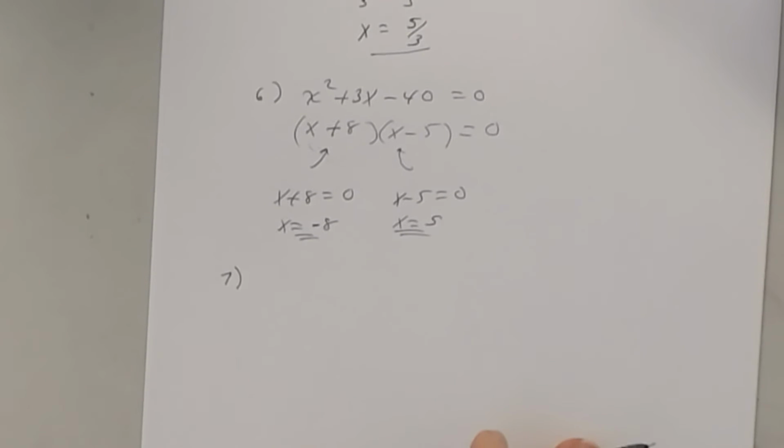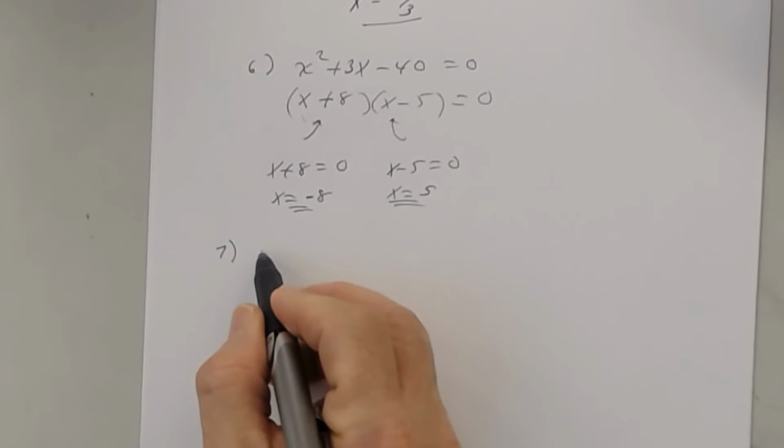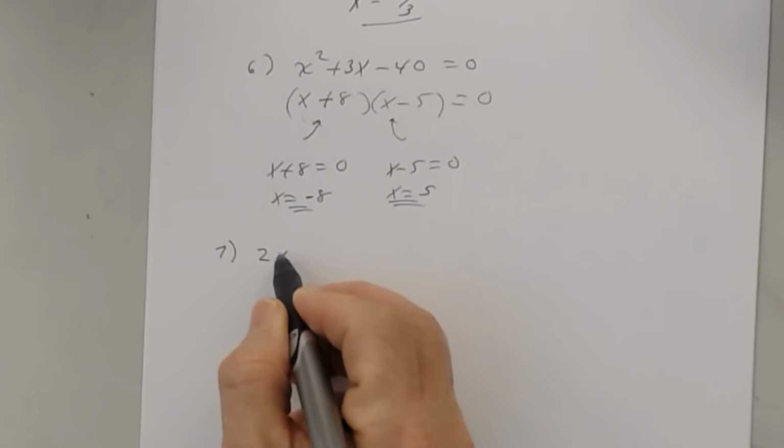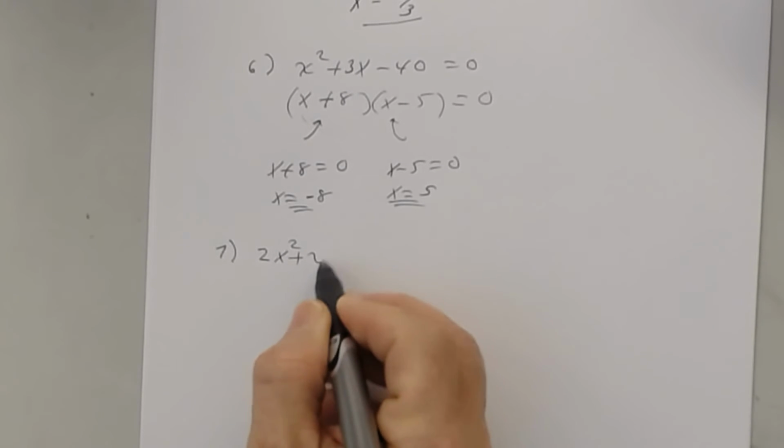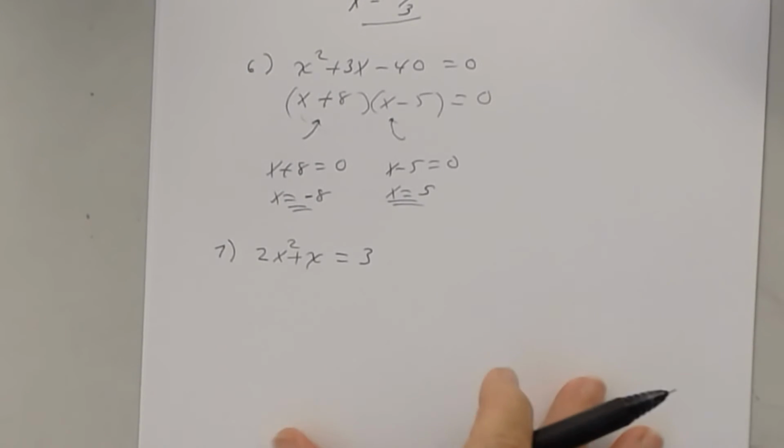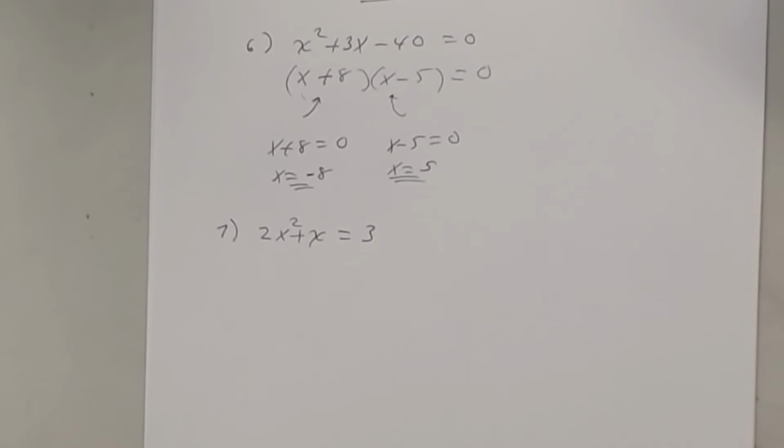All right, number 7. Suppose I had 2x squared plus x equal 3. All right, so you're saying the GCF is x, okay? Now remember, what property do I want to end up using?